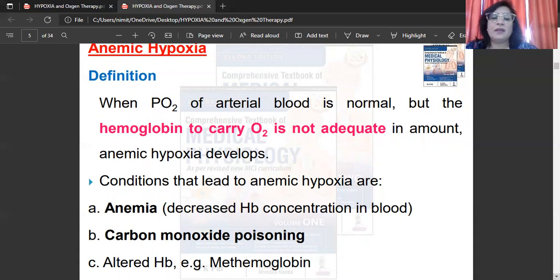So what is the difference between hypoxic hypoxia and anemic hypoxia? There the PO2 is decreased.